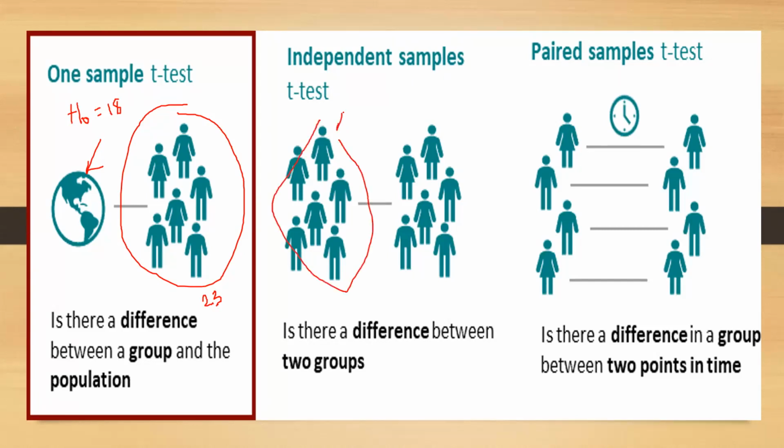This is group A and another group B. You took the mean of this, X bar A. You took the mean of the second group, you got X bar B. You are now comparing if there's any difference in the two groups. That is independent. While your paired sample, in this case, is the same group.